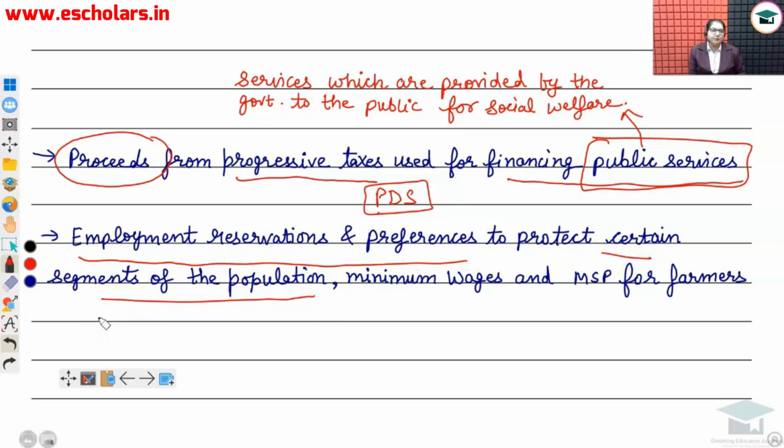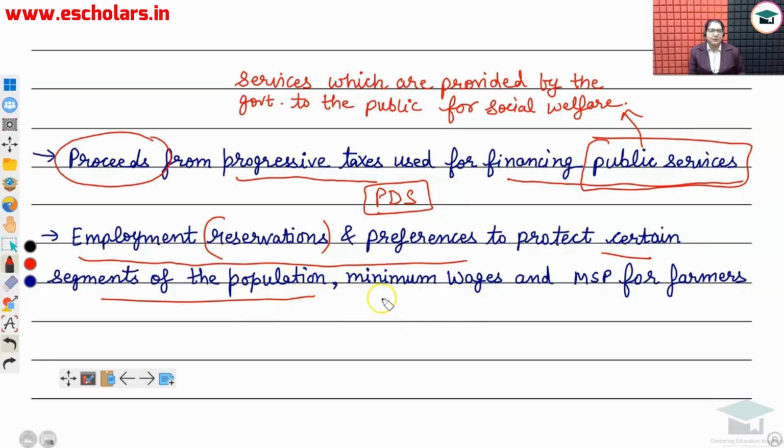For example, the people belonging to SC category and ST category and OBC category are provided the reservations, that is quotas, in getting the employment, right? Or you can say getting the quotas in terms of employment opportunities. So it is done by the government in order to protect those segments of the population.